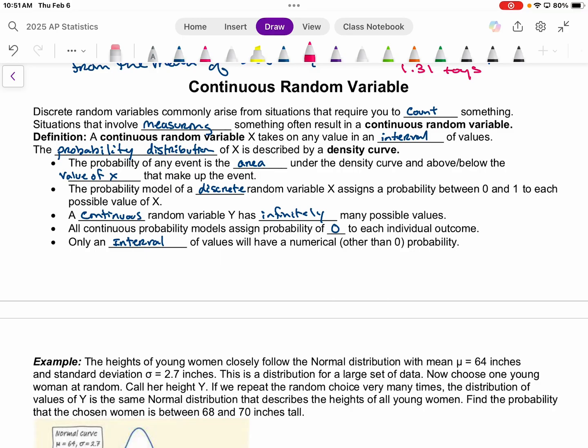That was our first introduction to density curves, back in that chapter. So that's what this little description about a continuous random variable is making you try to remember. We don't describe it with a table with distinct percentages. It's the area underneath a density curve, which has an infinite number of possibilities for what the probability could be. So that's what that's reminding you of.